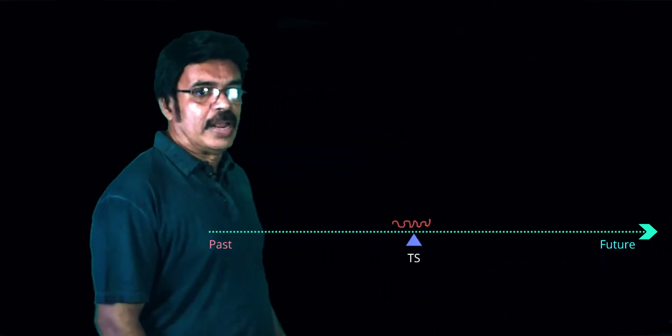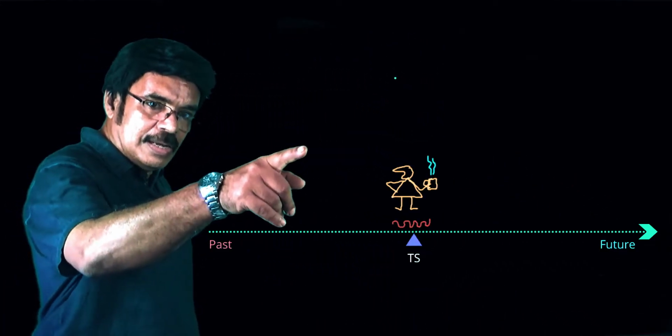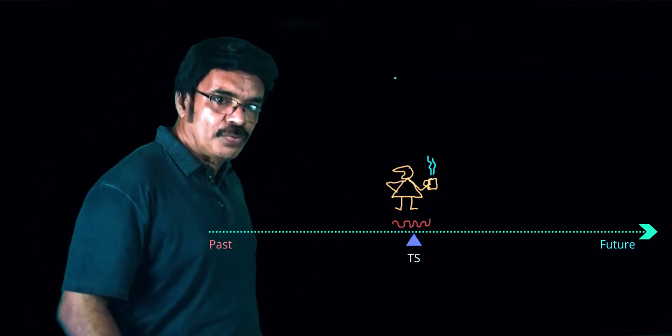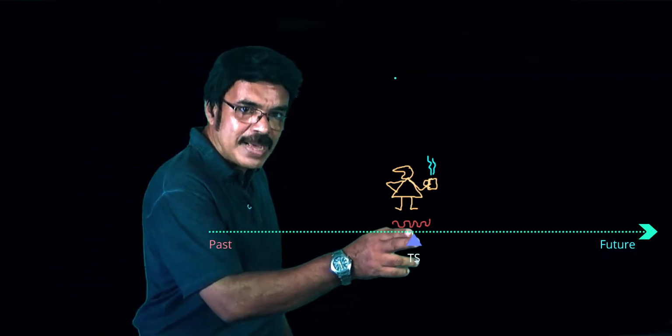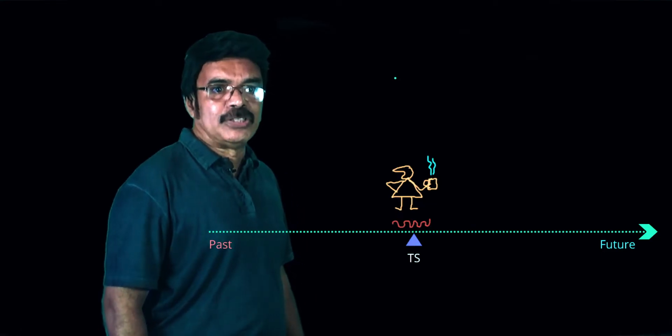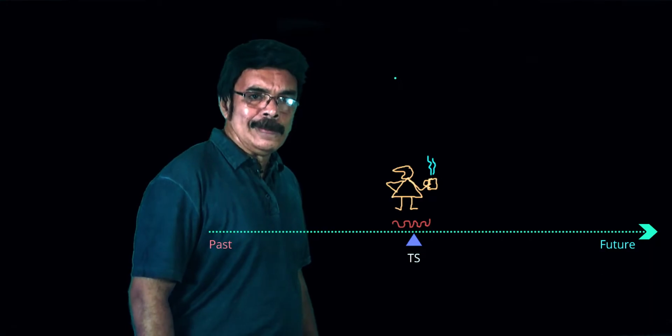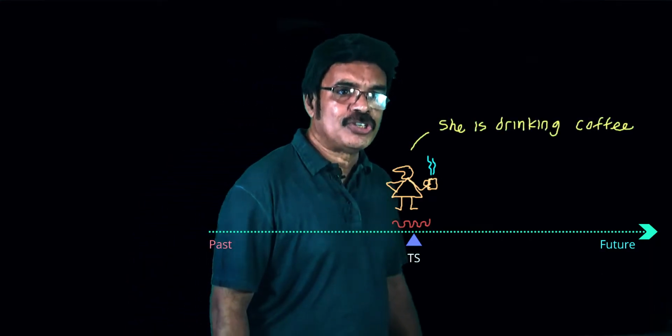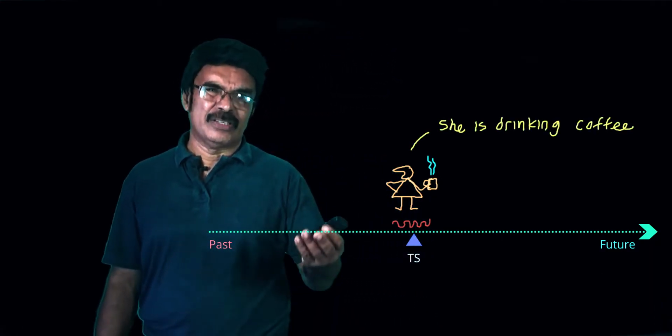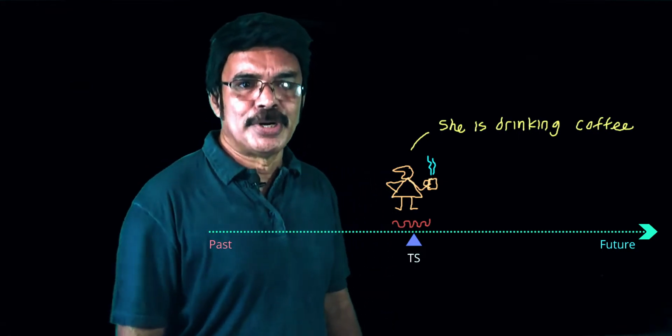Right, shall we? A girl is drinking coffee. Now, at the time of speaking, a girl is drinking coffee. She's drinking coffee, we can say. You know that this is present continuous tense. Everybody knows this.